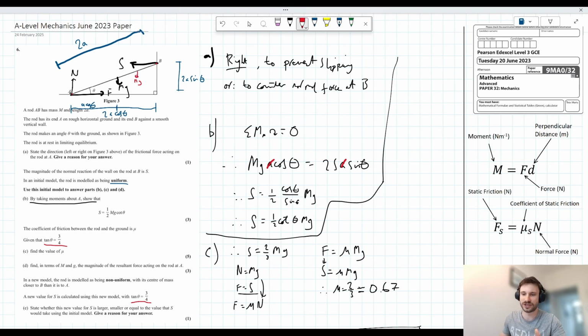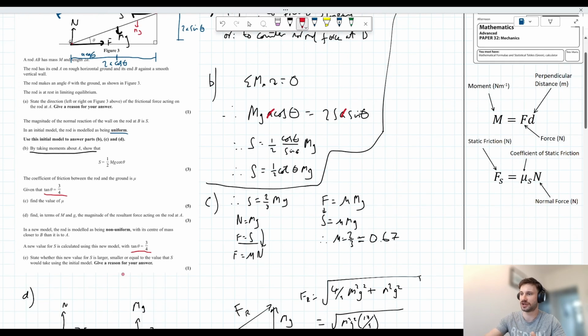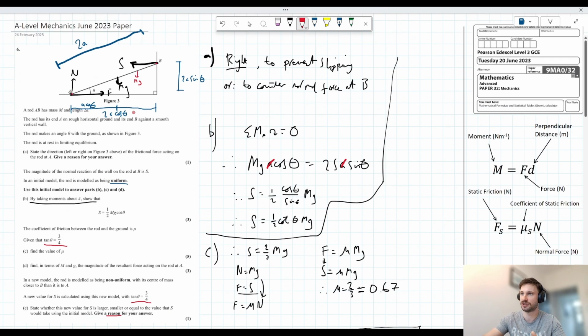We can't just use our intuition though. We have to give a rationale. We have to give a reason. So the reason here is effectively that we have, at least about A, if you take the moments about A, like we did for part B, you have one moment acting clockwise, which is our mg, our weight here, and you have another moment acting anti-clockwise, which is this normal reaction here.